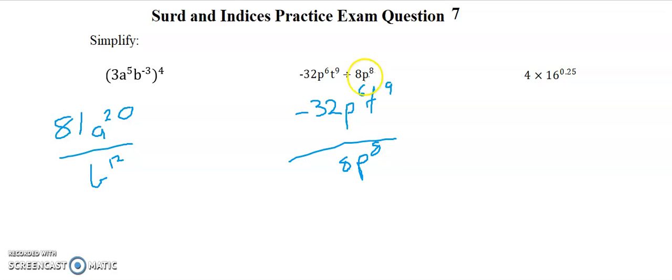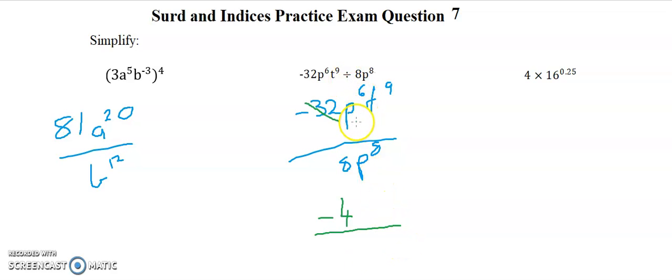Now straight away I can see that I can divide negative 32 and 8 by 8. So negative 32 divided by 8, 8, 16, 24, 32, so it's negative 4. And I've got no more 8s on the bottom, because 8 divided by 8 is 1. Dividing by 1 does nothing.